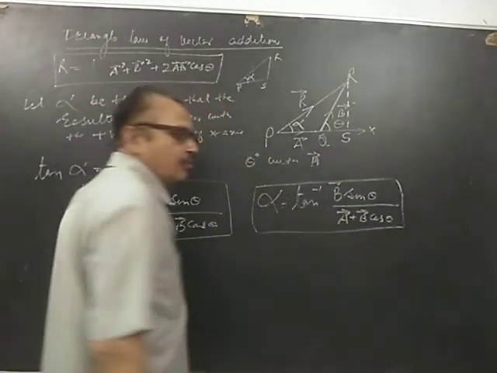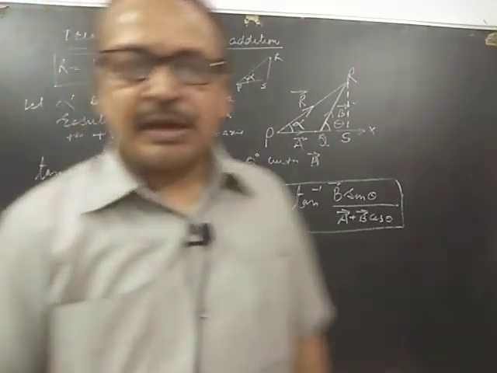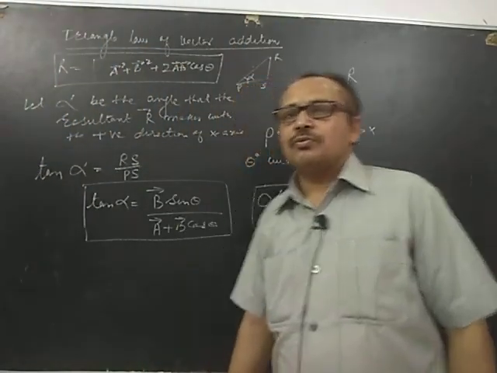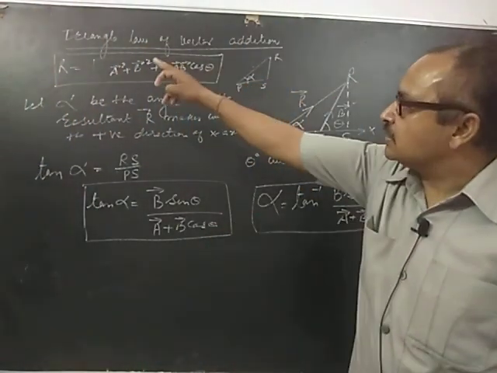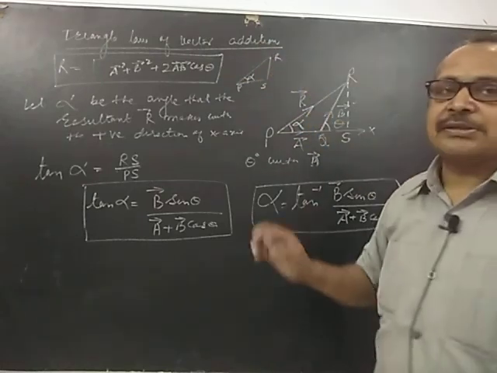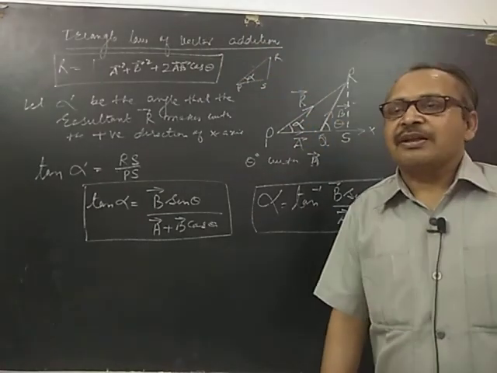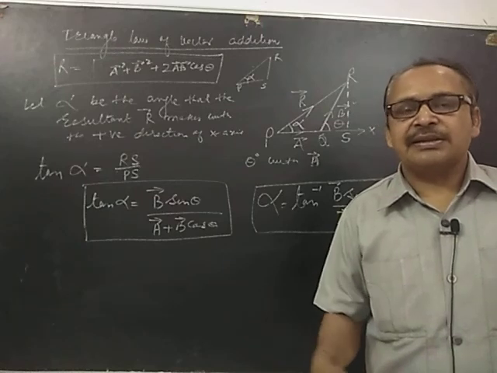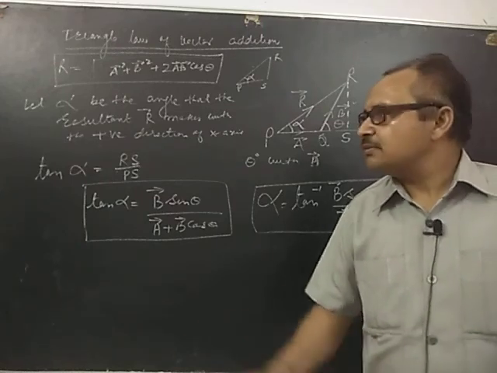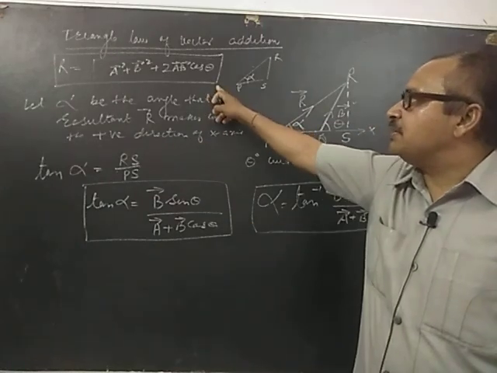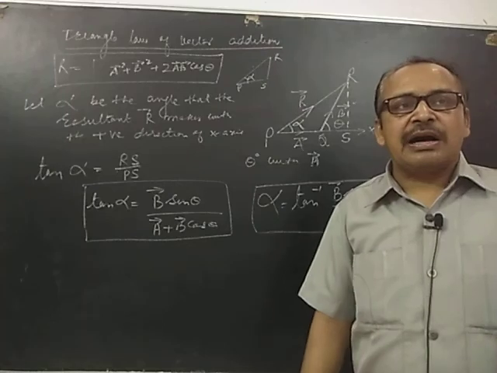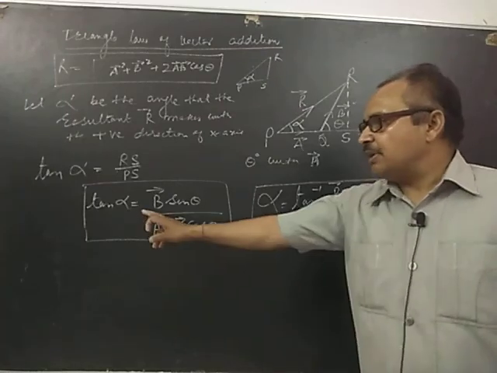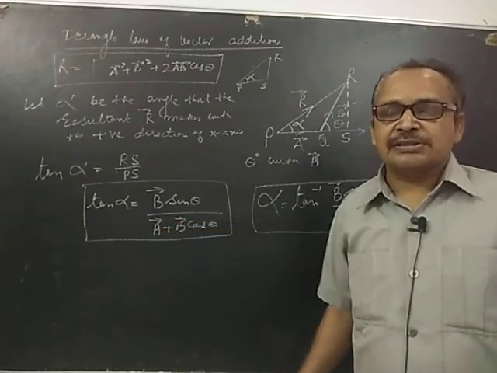This is how we have to understand the triangle law of vector addition. So whenever you are given two vectors and you are asked to find their resultant, the resultant will be obtained by this, and if you are asked to find the nature, the angle will be calculated by this.